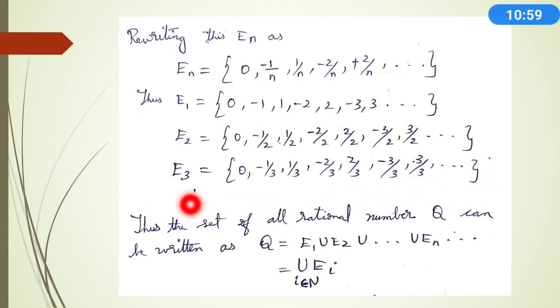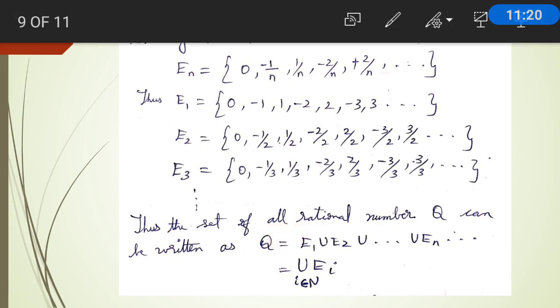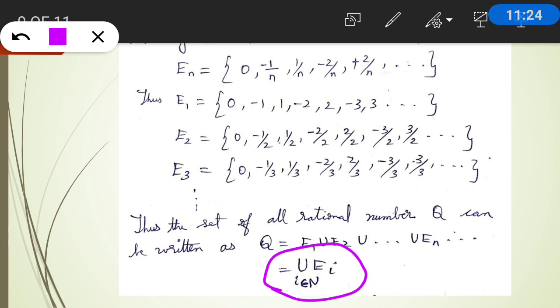Thus, this set of all rational numbers can be written as E1 union E2 up to an infinite number of unions of Ei's, isn't it? So Q, the rational numbers, can be written as the union of what?